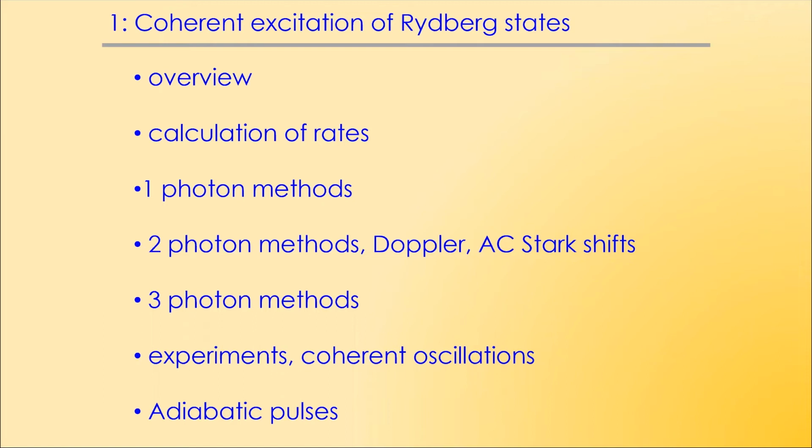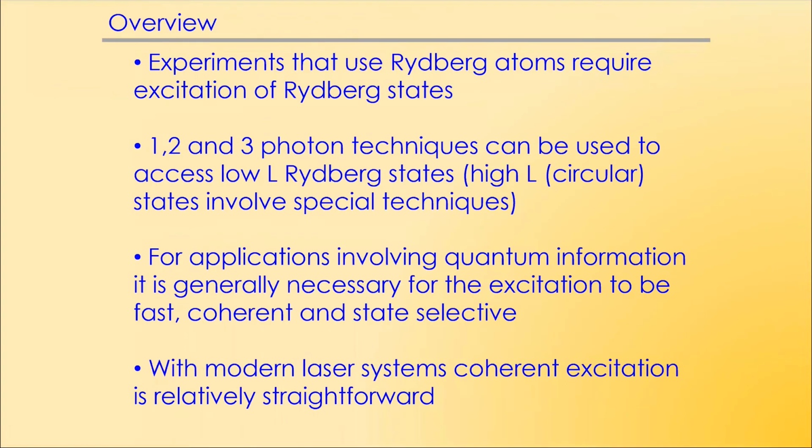But how do you actually generate these Rydberg excited states? You could use 1 photon, 2 photon, or 3 photon to get up to low angular momentum states. If you want to go up to the circular states that have very long lifetimes, scaling as n to the 5th, you need to invoke some special techniques. I'm not going to talk about that. In general, for quantum information, we want the excitation to be fast, coherent, and state selective.